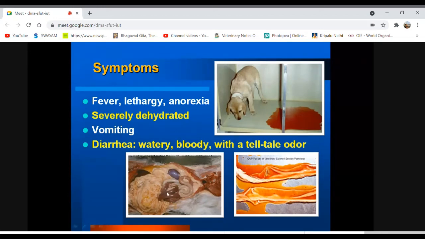Even from the serosal layer, as I am showing here on this part of the intestine, without opening the intestine you can see the hemorrhagic lesions, very severe hemorrhages here, very dark red in color.